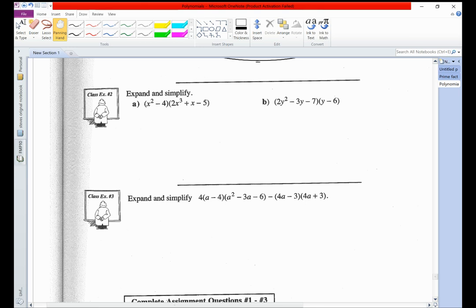So if I were to do an area diagram of this question right here, question A, I have x squared minus 4, all multiplied by 2x to the power of 3 plus x minus 5.